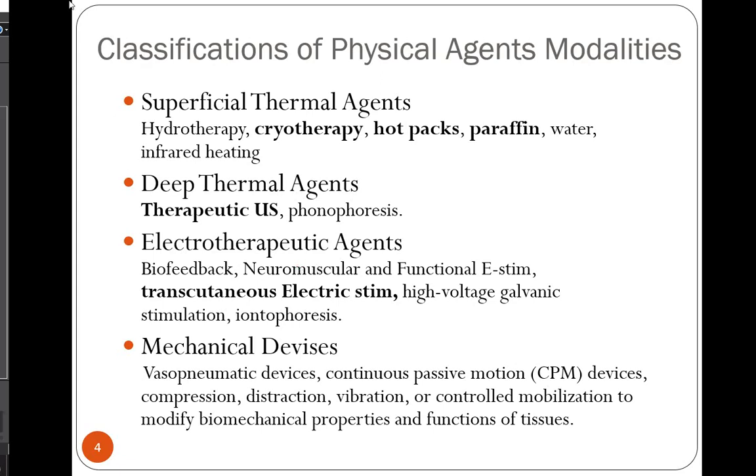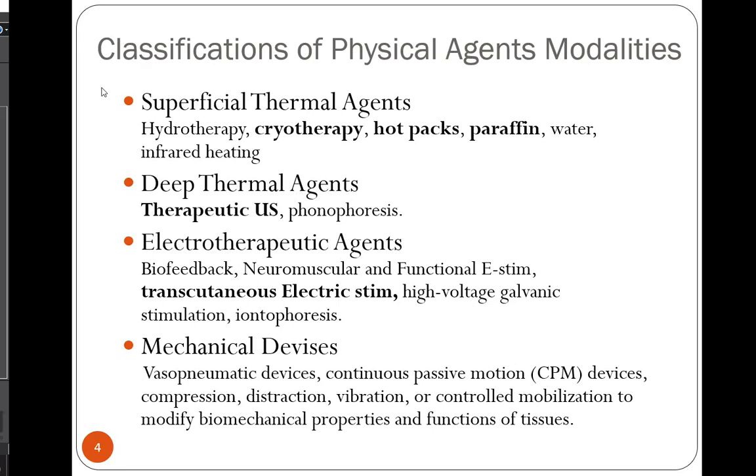Number four is mechanical devices, and those are devices that are mechanical, such as vasopneumatic devices. Think of anything that produces pressure on the lower extremities to prevent DVTs. Continuous passive motion, CPMs, whether for the knees, the shoulder, or the hand, are devices that produce continuous movement to affect joint range of motion and soft tissue mobilization.